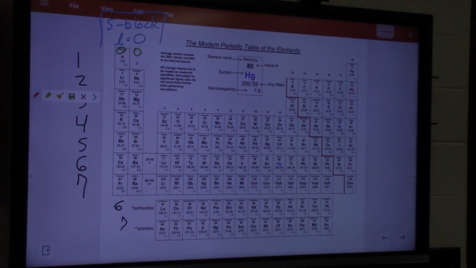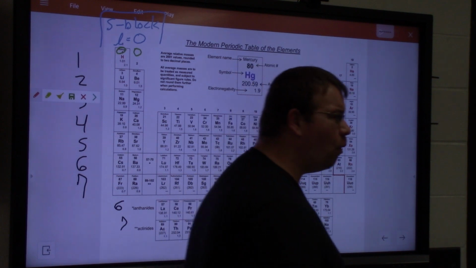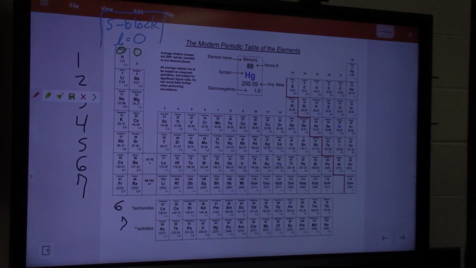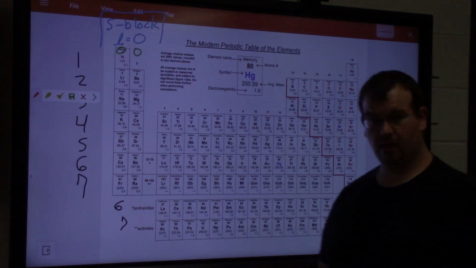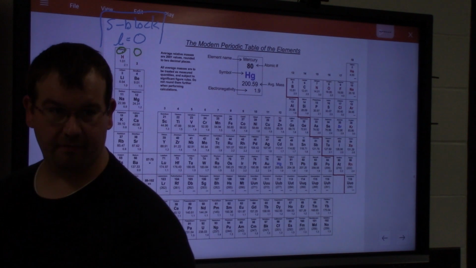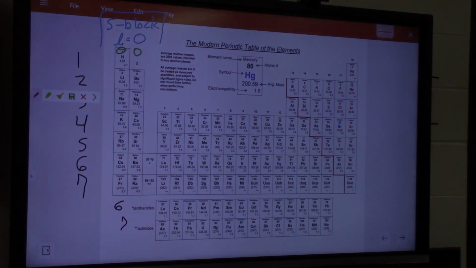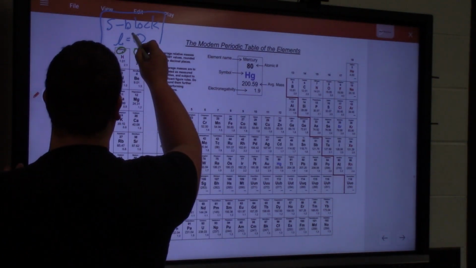Then we come to the spin quantum number. What fraction do we use when it comes to the spin quantum number? Positive 1/2, negative 1/2. So we're doing halves. Guess what you're going to do? Half the block. So we're going to split the block right in half.